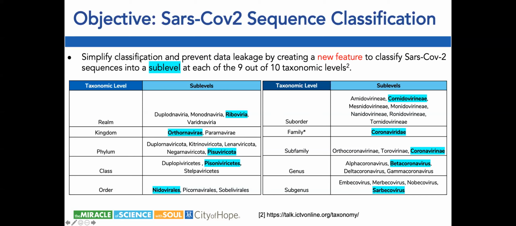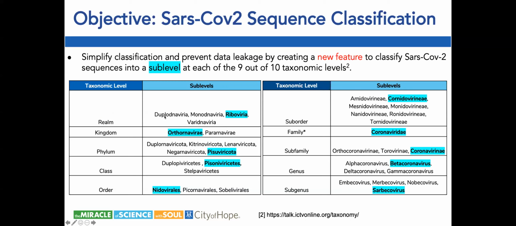And what you're seeing in this highlighted blue here is what the SARS-CoV-2 virus should be classified as at each of these taxonomic levels. And you can see here that viruses in particular have different sub-levels within these different taxonomic levels.